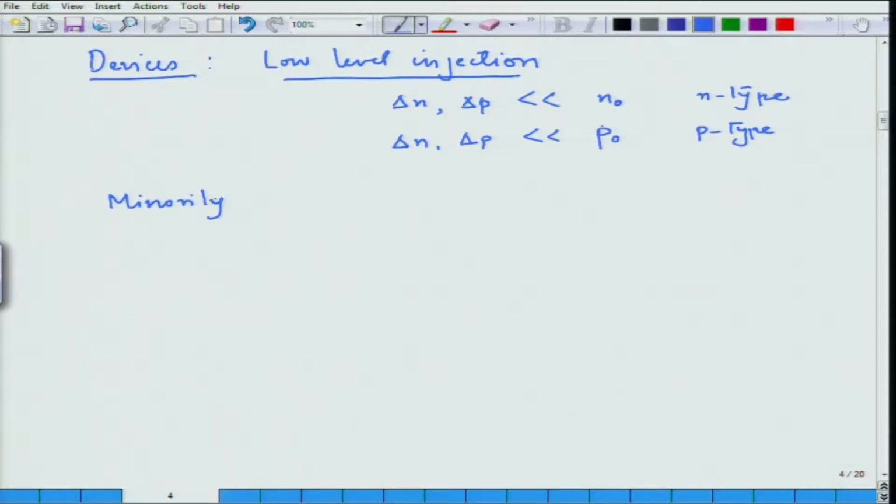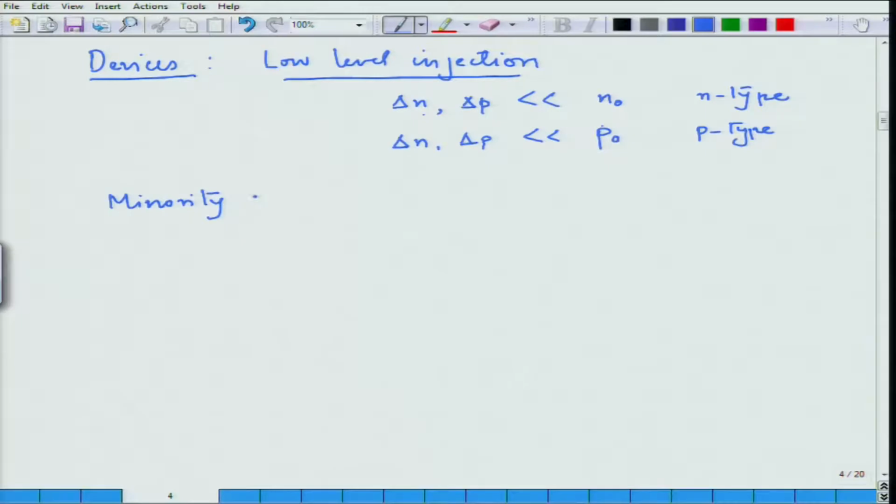Under low injection level, the number of minority carriers generated is going to be important, because the number of majority carriers generated is so much smaller compared to the majority carrier concentration that it is not going to make a huge difference, but the number of minority carriers would make a huge difference. So, our analysis is getting limited to the minority carrier equation.